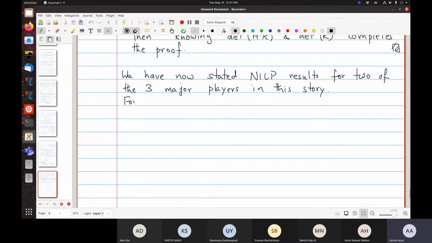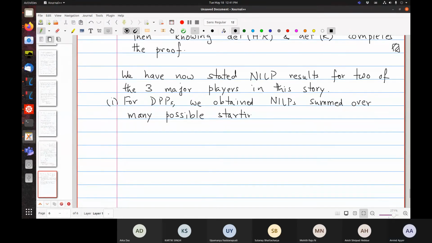So for descending plane partitions, we obtained NILPs summed over many possible starting and ending points.